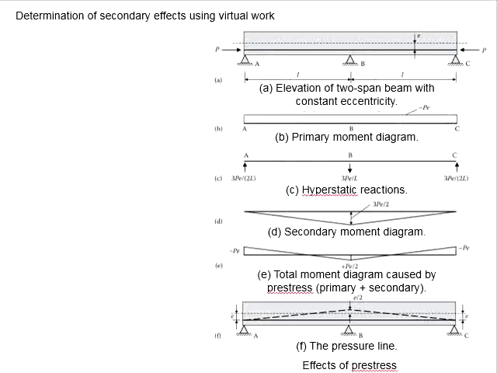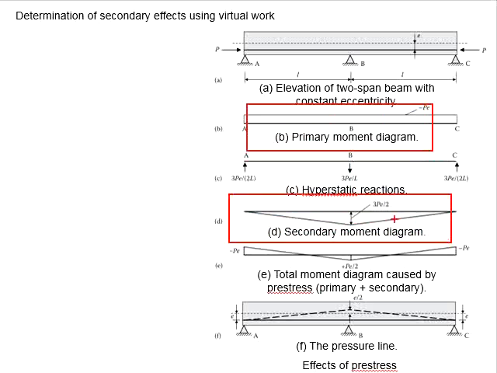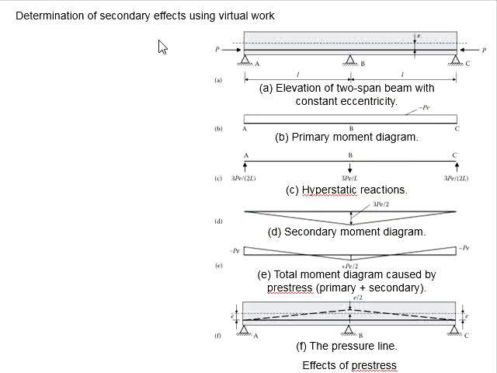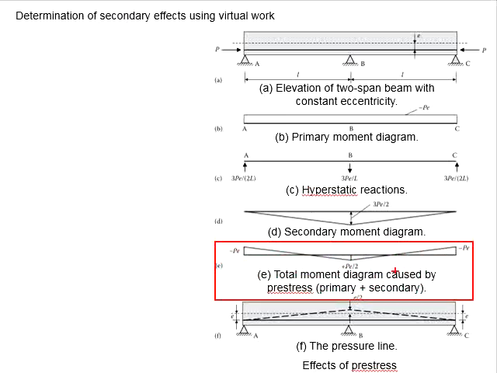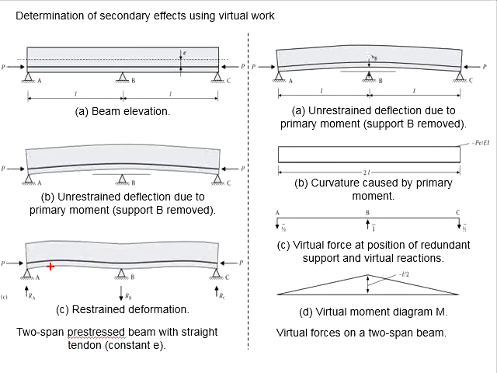Coming back to the principles of structural analysis, which is the superposition principle, you know that the primary moment and the secondary moment can be superimposed, which eventually will give you the total moment diagram as shown here, so that it will yield a response something like this.